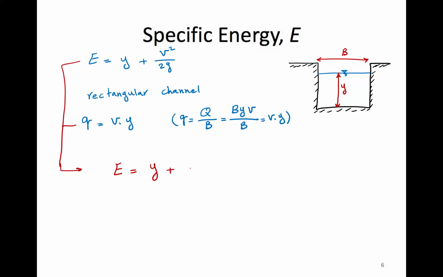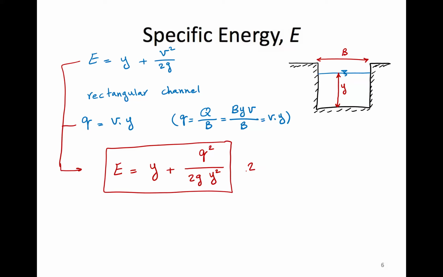So I'm going to get q squared over 2g left over from the velocity head, and Y squared because V squared, right? That's what we have. So I'm going to highlight this one. This is the second form of the specific energy equation for rectangular channel. I'm going to highlight the first one too, because that's a very important equation too. That's 1 and then 2.